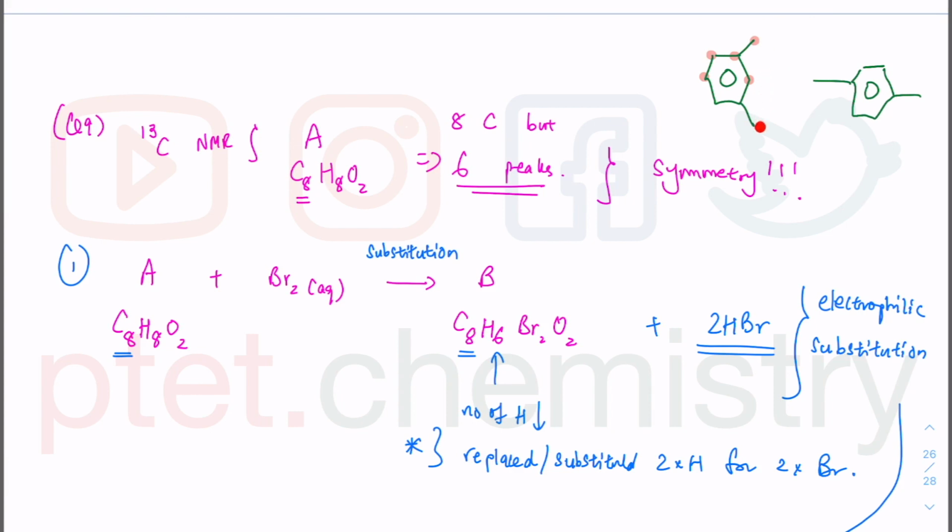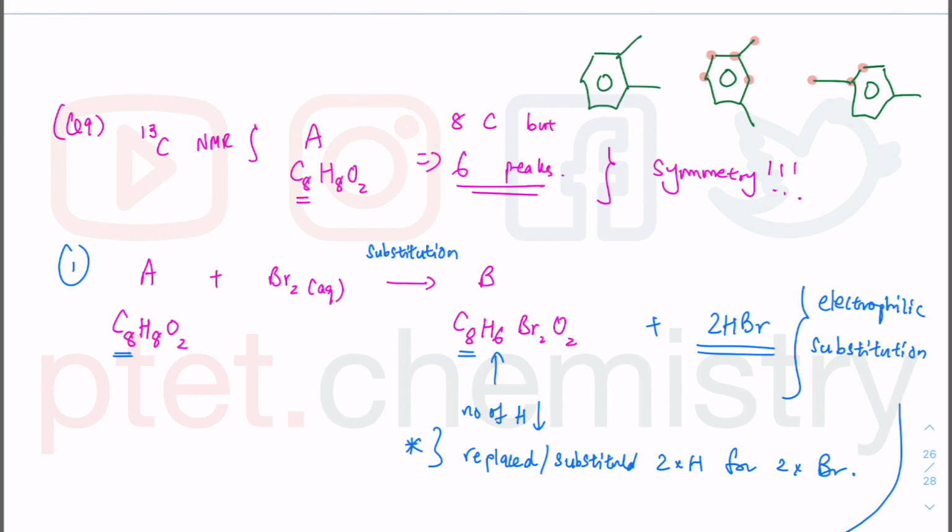But these are just carbons. These are not even the ones with the oxygen, so I haven't dealt with the oxygen yet. Just looking at the carbon, there's a symmetry there. These and these are different, these and these are the same. So 1, 2, 3, 4, 5, cannot be these. This is 1, 2, 3. There are only 3 peaks there, so cannot be that as well.